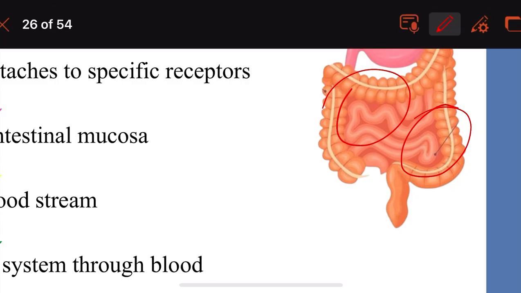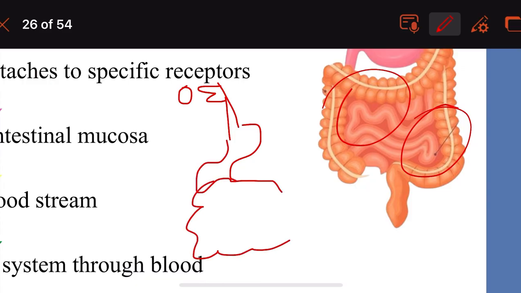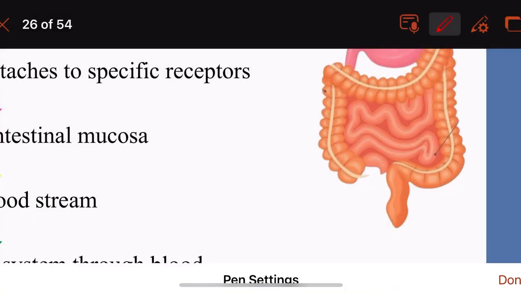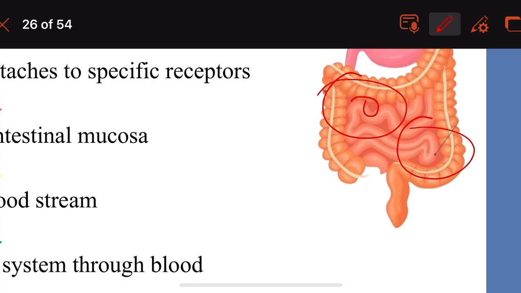Let me put it in the form of a diagram. The virus entered through the mouth, through the esophagus, through the stomach, and entered into the intestine. So let us zoom in on what happens in the intestine. Let us draw the virus in black. The virus has reached the intestine.